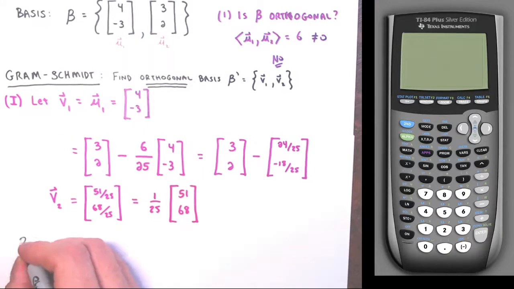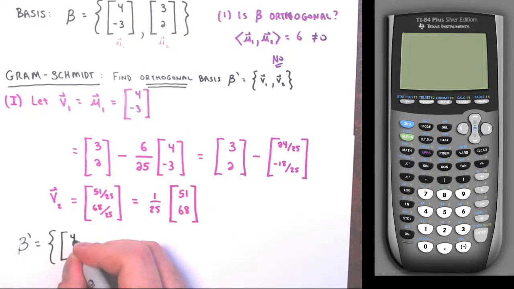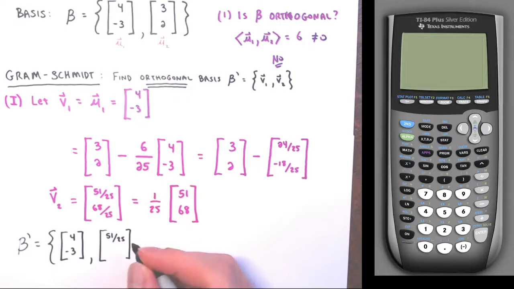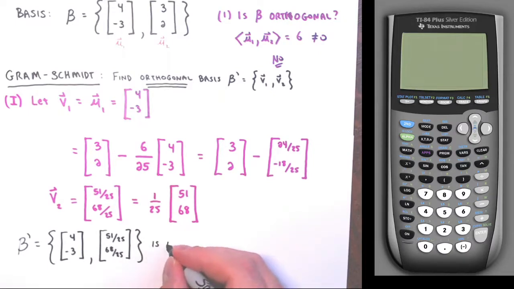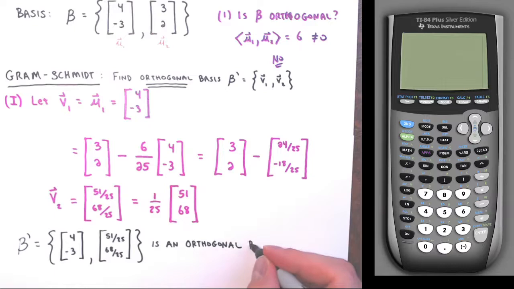So B prime equals V1 and V2, the vector 4, negative 3, where V1 was just U1, and V2 is this 51/25ths, 68/25ths. This is an orthogonal basis for R2.